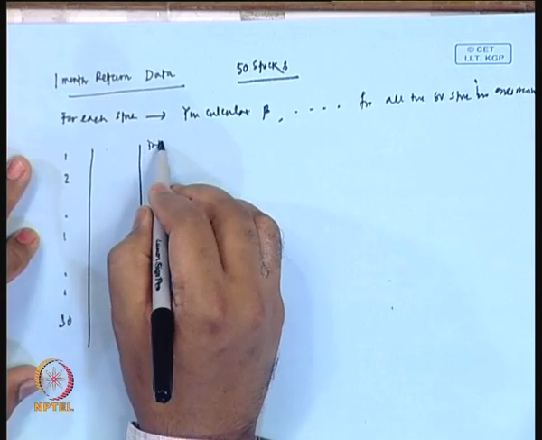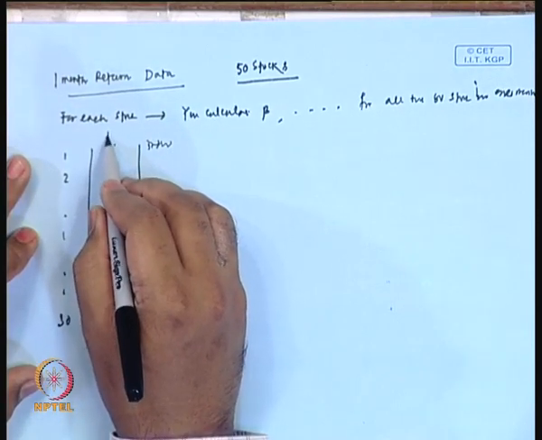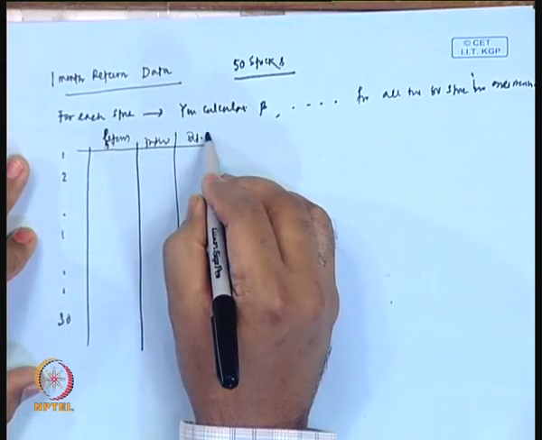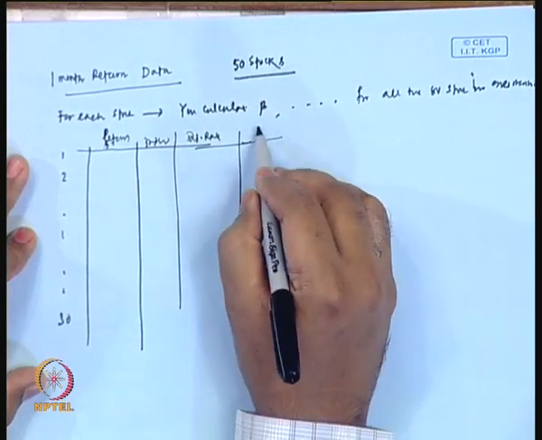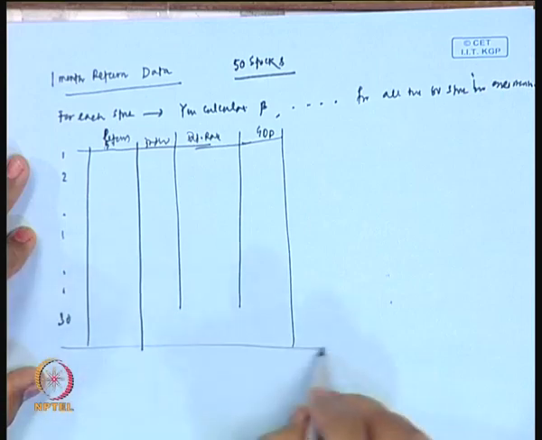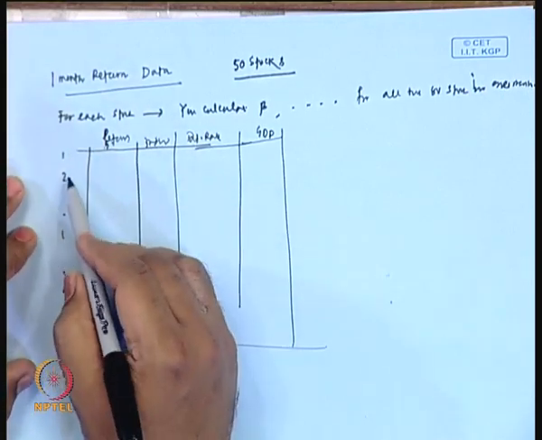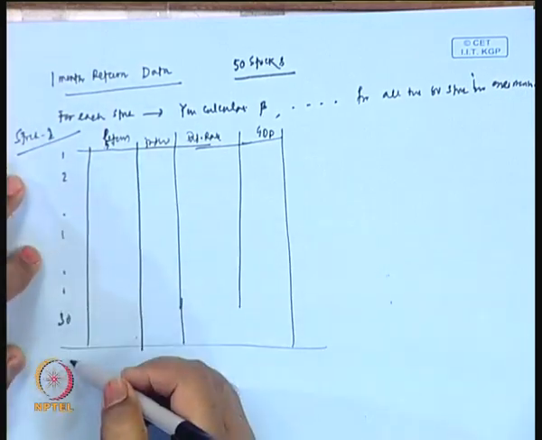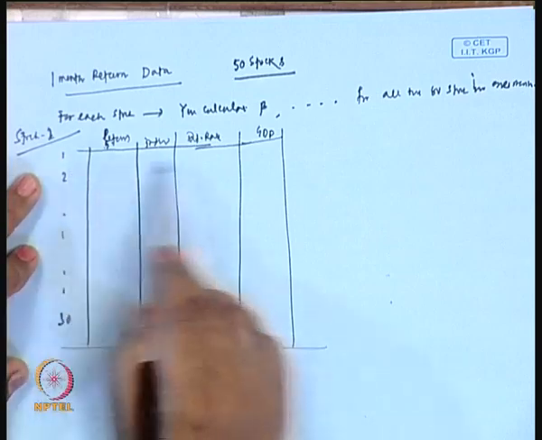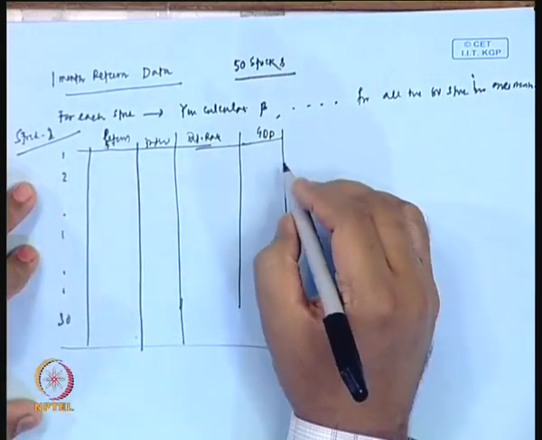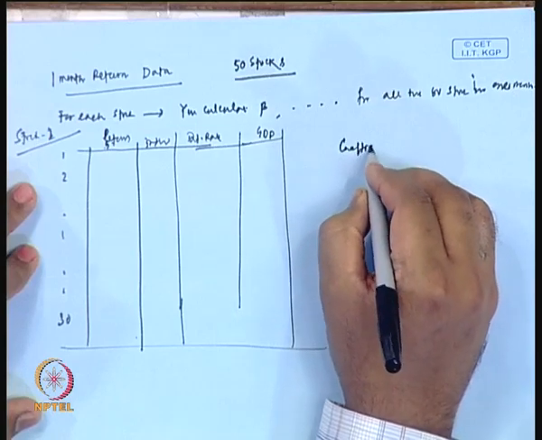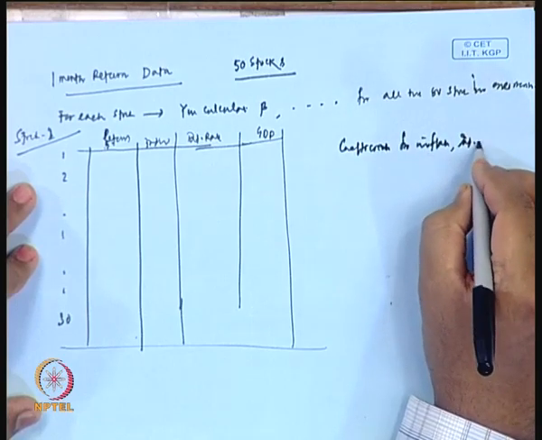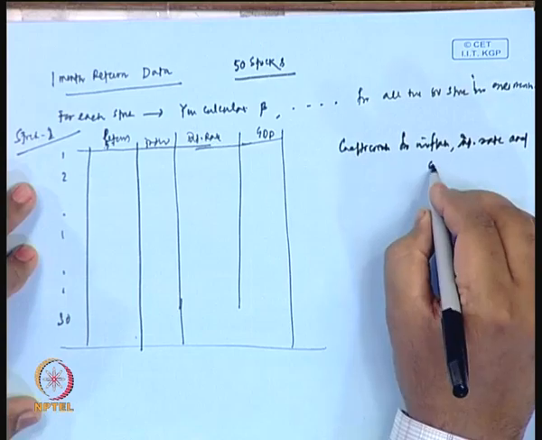We have inflation, this is your return, inflation, interest rate, then we have GDP, etc. Then for each stock, for stock 1, you take all those 30 days data and regress it, and after doing the regression you will find the coefficients for inflation, interest rate and GDP.